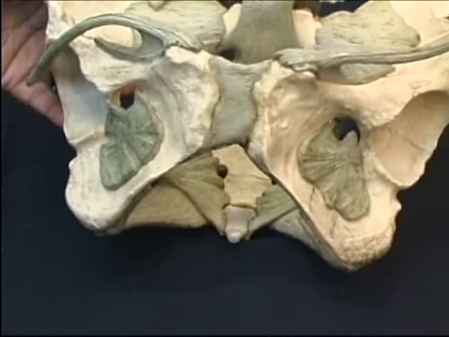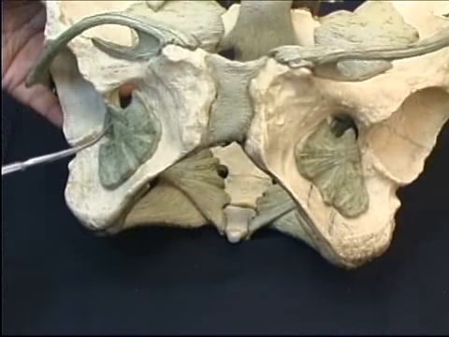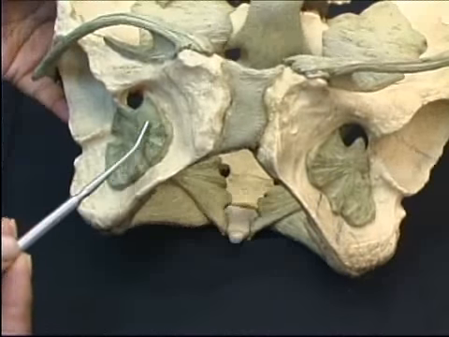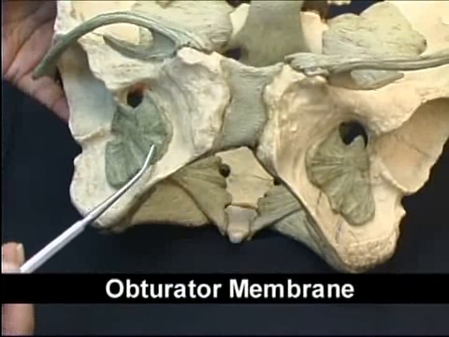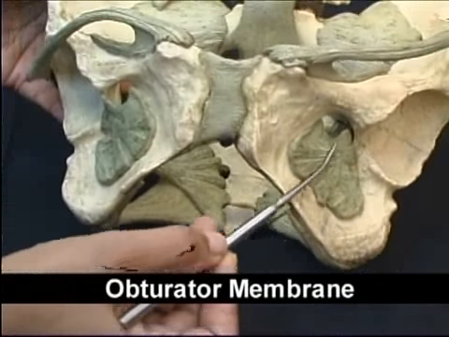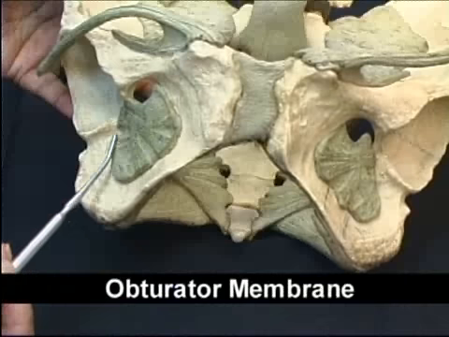On the anterior aspect of the pelvis, over the obturator foramen, on the left and right side, this green area represents the obturator membrane. The obturator membrane closes the obturator foramen and gives attachment to muscles.